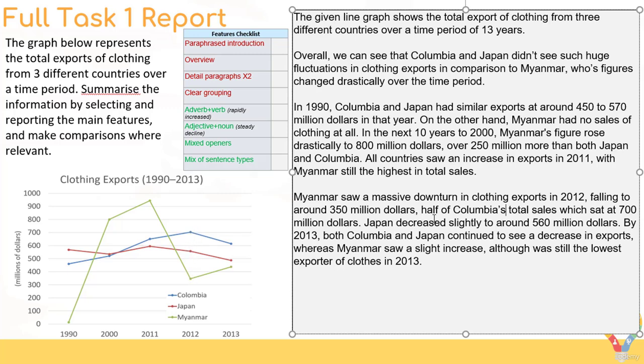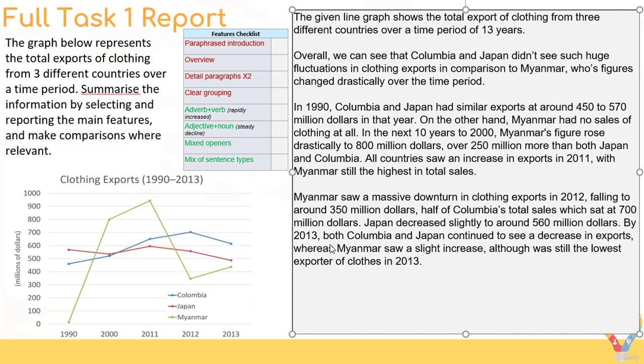Japan decreased slightly to around $560 million, so there's a slight decrease here. By 2013, both Colombia and Japan continued to see a decrease in exports, whereas Myanmar saw a slight increase, although was still the lowest exporter of clothes in 2013.